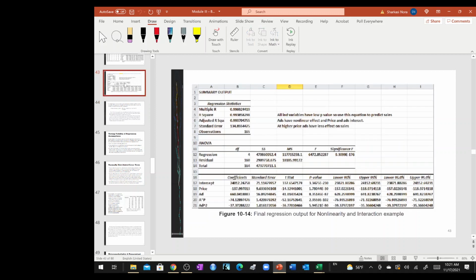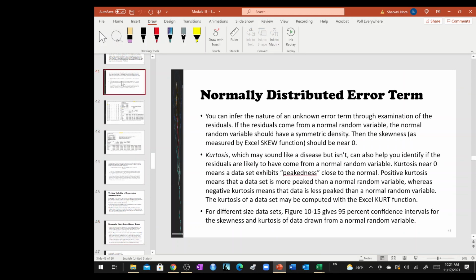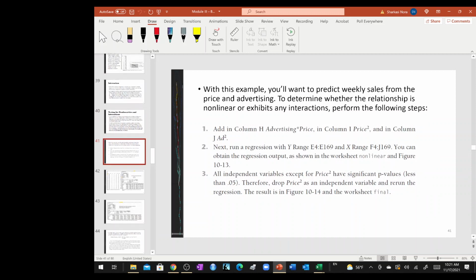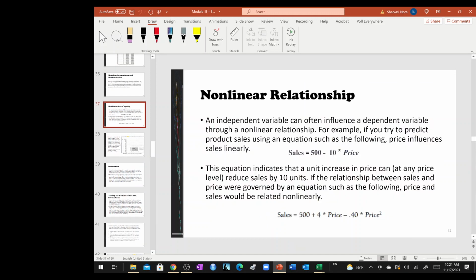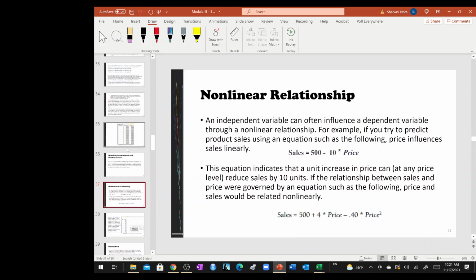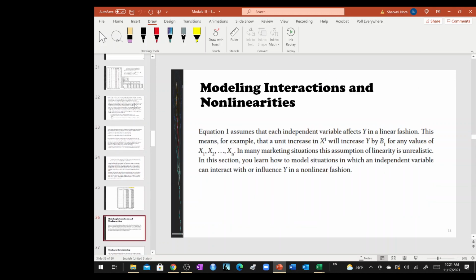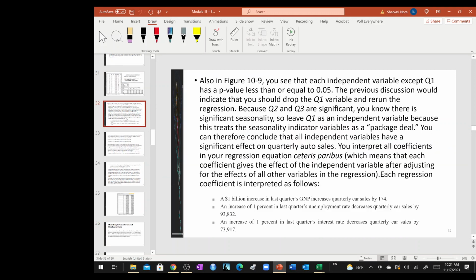No. This is a different, this is also something that I wanted to talk to you about. This is for the sales data set. I should have put it before I ran here.